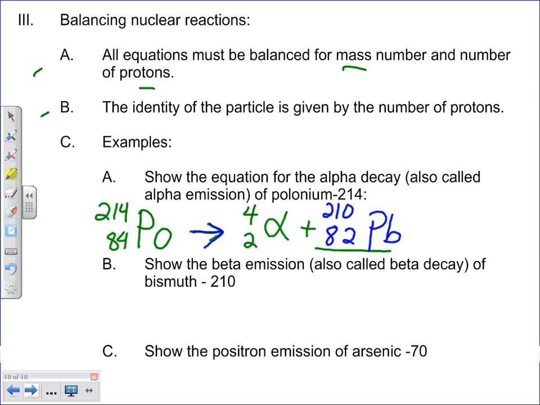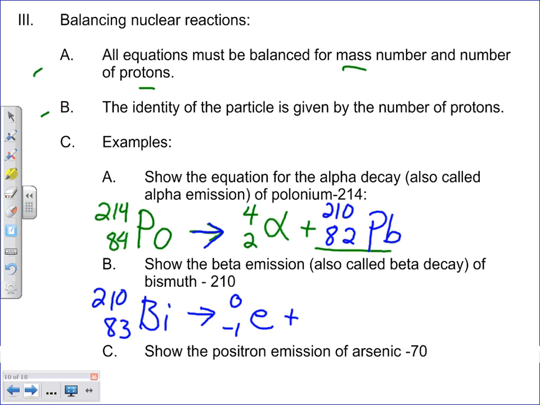If we do the next one, we have bismuth 210, and bismuth has an atomic number of 83, and it says show the beta emission. So I'm going to emit a beta particle, which is going to be on the right-hand side. I can show it as an electron if I want. It has a mass of 0, a charge of -1.